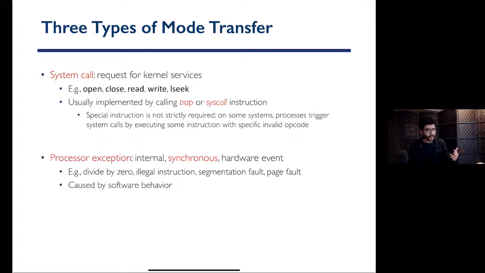The second is processor exception. So these are internal events caused by the user program that trigger a transition from user mode to kernel mode. For instance, if your code divides by 0, or if your code runs one of those illegal instructions that you're not supposed to run. For example, you don't want the user code to be able to disable interrupts.